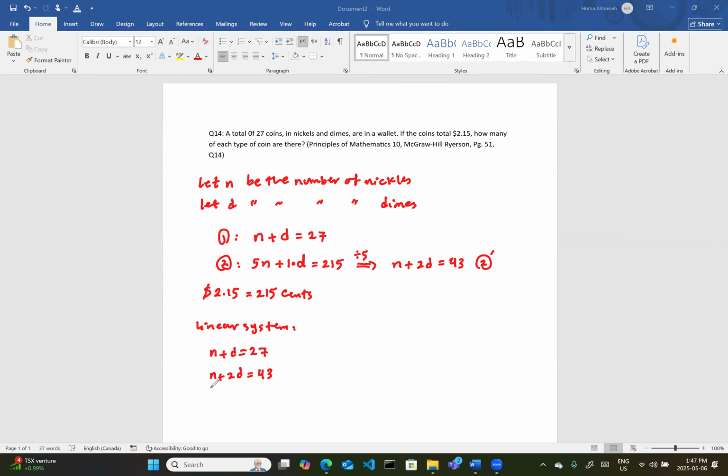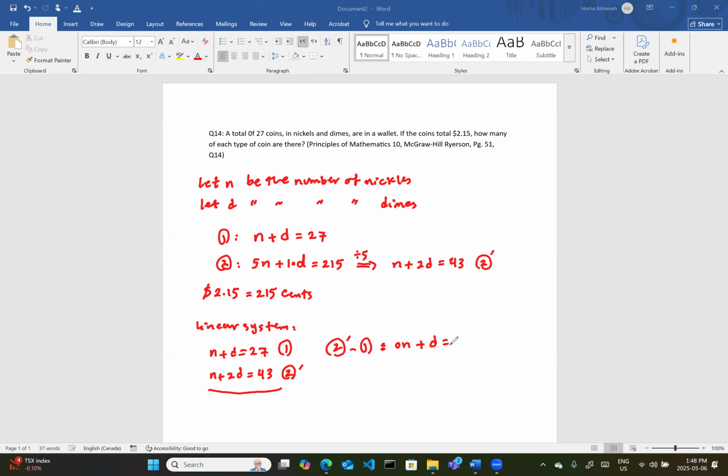When I see the coefficients, I want to try the elimination method. The reason is the coefficients of n are 1. So if I subtract 2 prime minus 1, then n minus n will be 0, so 0n, and 2d minus d is going to be positive d.